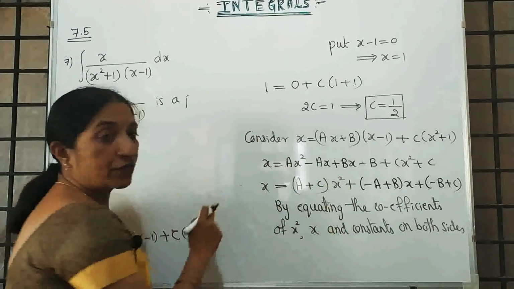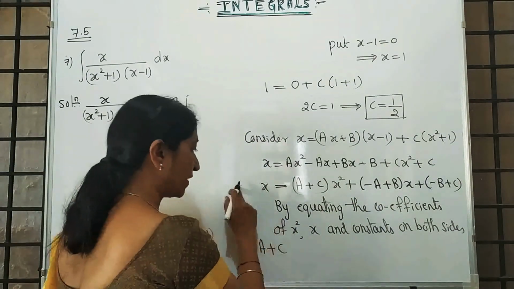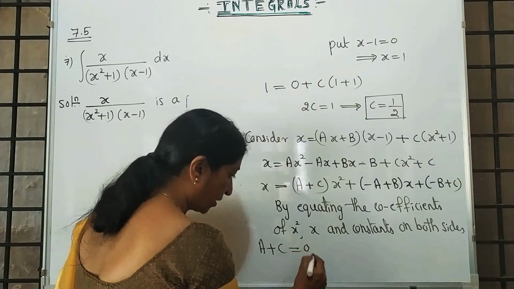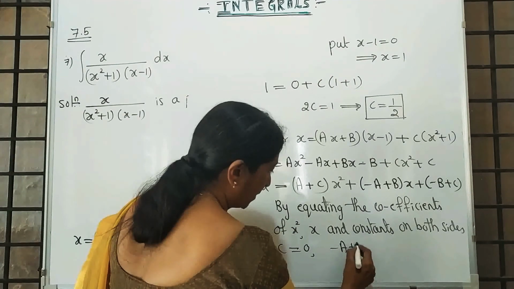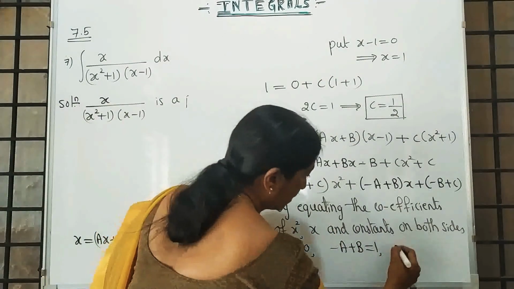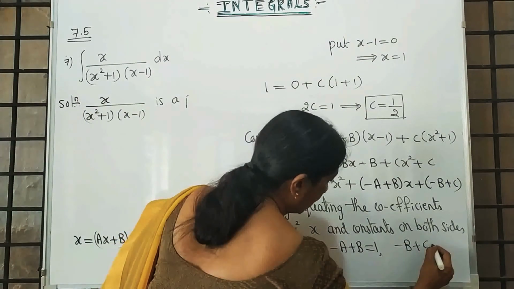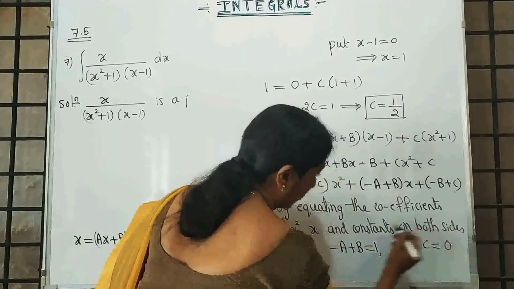What is the coefficient of x square on the right side? a plus c. On the left side we don't have x square, so it is 0. And the coefficient of x is minus a plus b. Here the coefficient of x is 1. Next, minus b plus c, the term without x. Here on the left there is no such term, so it is 0.